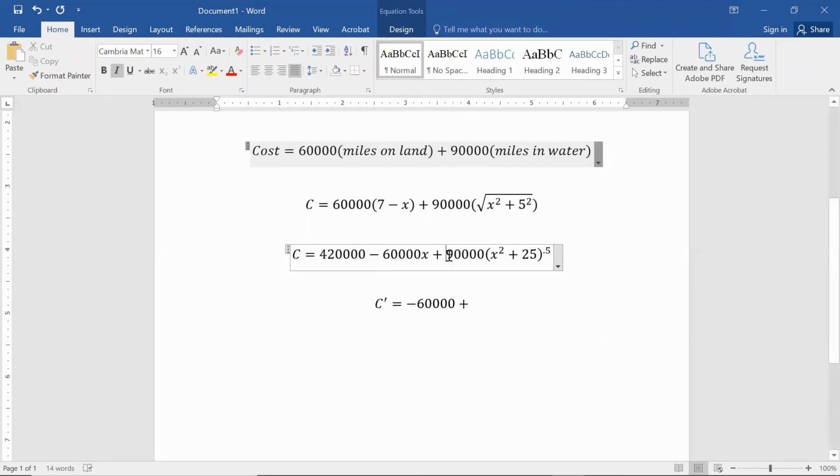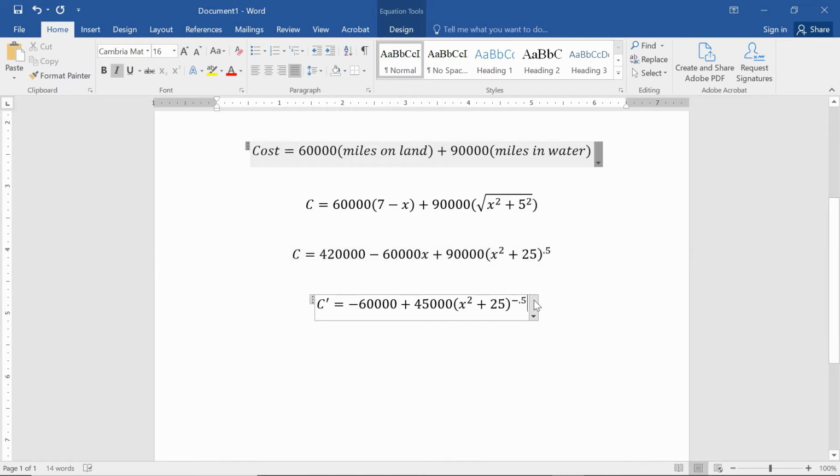Plus derivative of this portion, we're going to have to use a chain rule to do that. That means I take the exponent and I multiply it times the piece in front. 0.5 times 90,000 gives me 45,000. The inside function stays the same, and I reduce my exponent by 1.